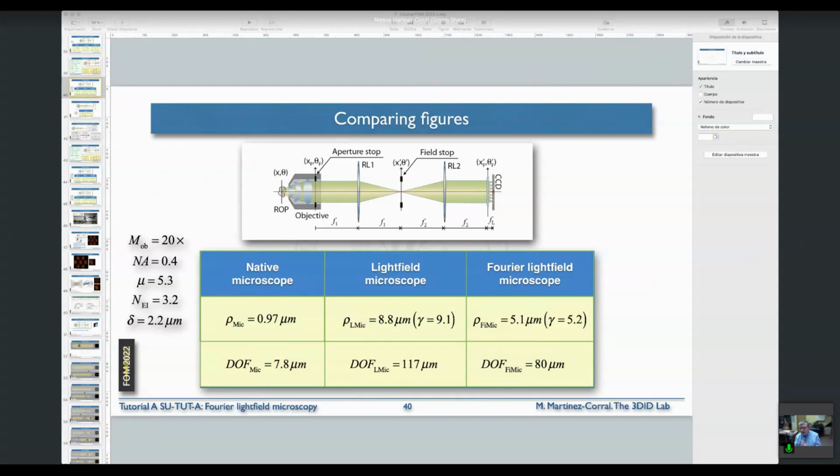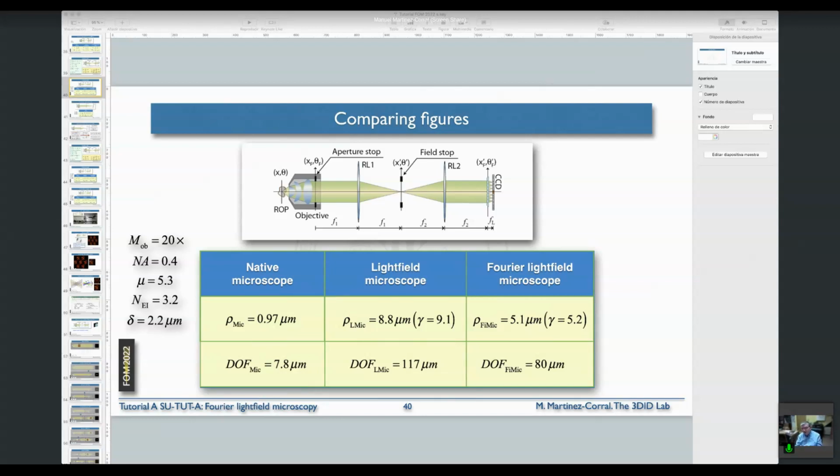How does image brightness compare between native and Fourier Lightfield microscope? We haven't made this study; we have simply adjusted. But from a theoretical point of view, we are working with a smaller numerical aperture, and therefore we are collecting less light.